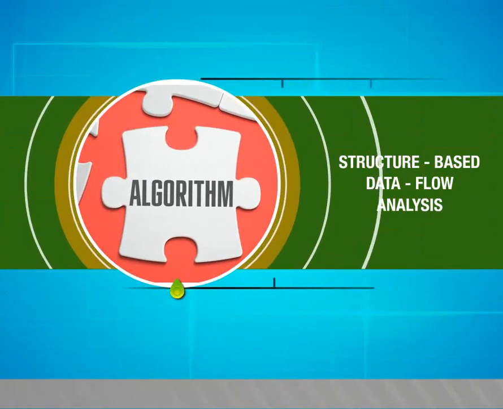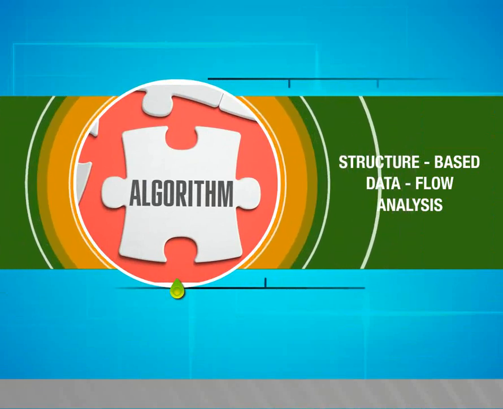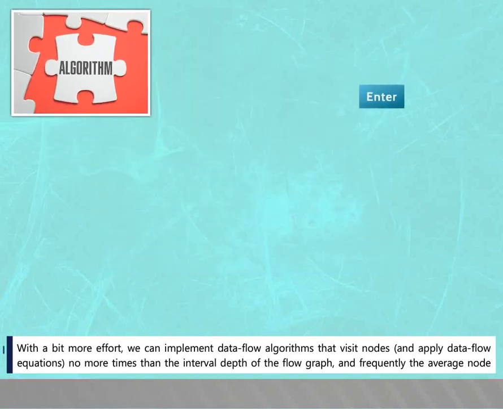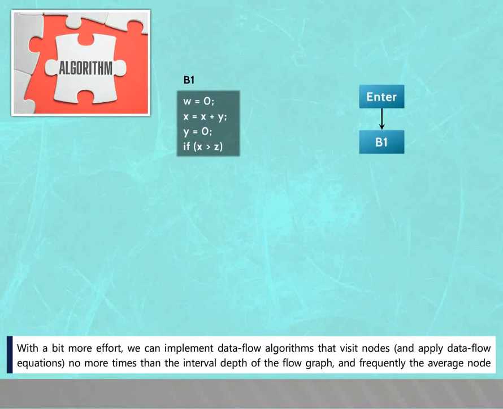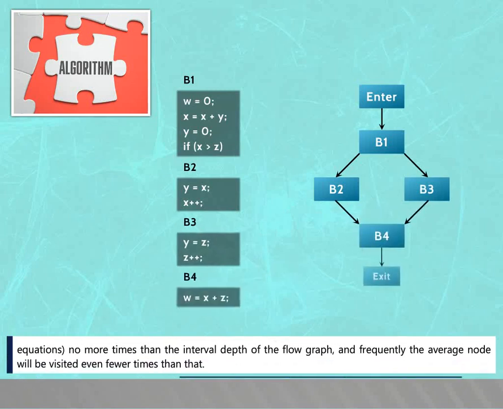Structure-based data flow analysis. In this video, we are going to see about structure-based data flow analysis. With a bit more effort, we can implement data flow algorithms that visit nodes and apply data flow equations no more times than the interval depth of the flow graph, and frequently the average node will be visited even fewer times than that.